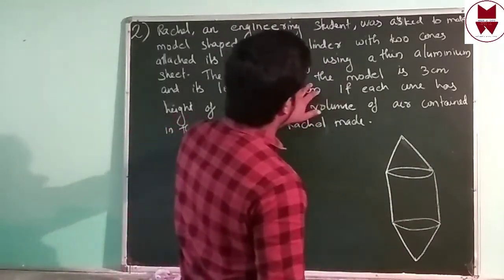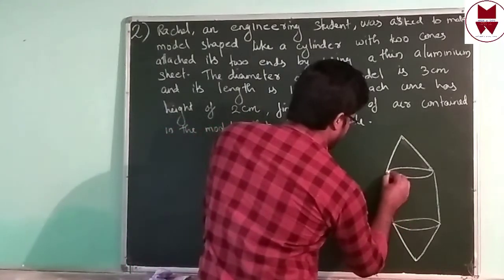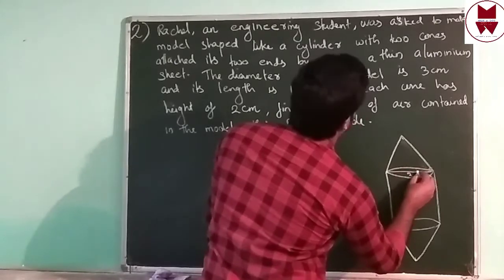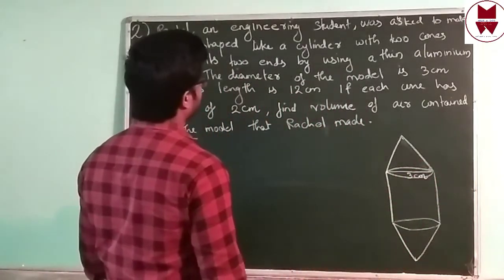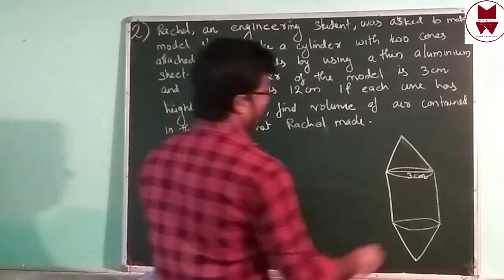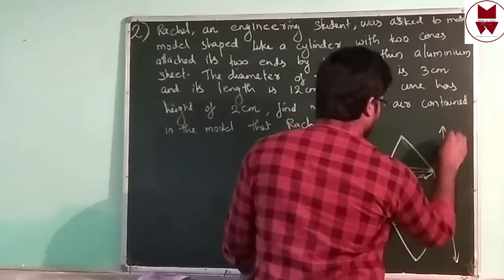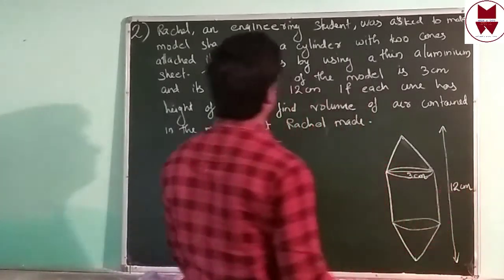The diameter of the model is 3 centimeter. We can write, total diameter is 3 centimeter. And its length is 12 centimeter. Total length is 12 centimeter.